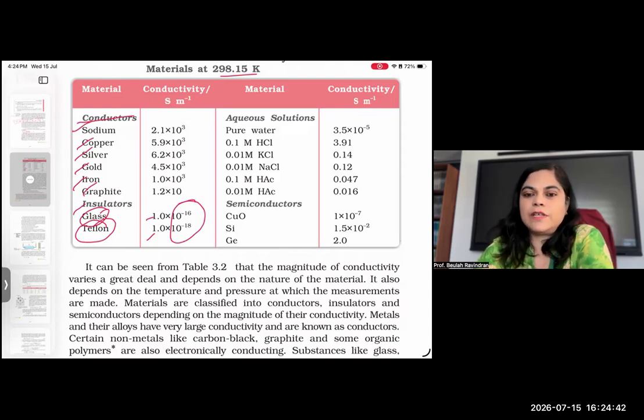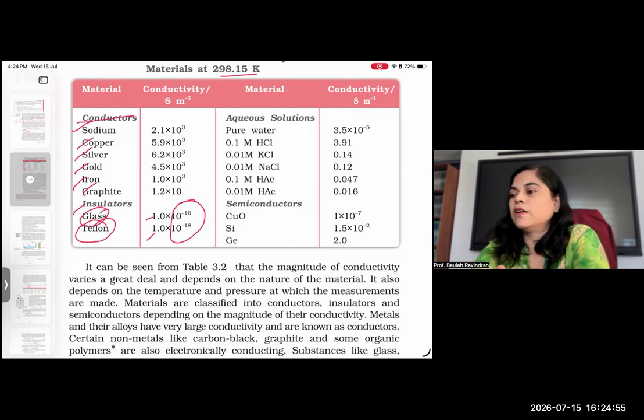So this is a very, very important table. We are going to study molar conductivity. First of all, you must know the conductivity, and then we'll learn about molar conductivity. Molar conductivity is the star of this particular chapter, and based on that you are going to solve many questions and problems.